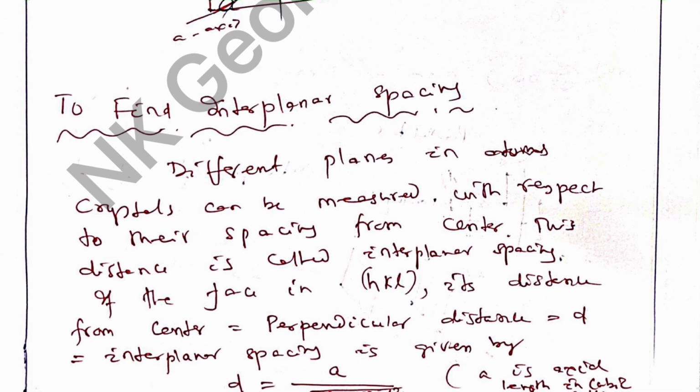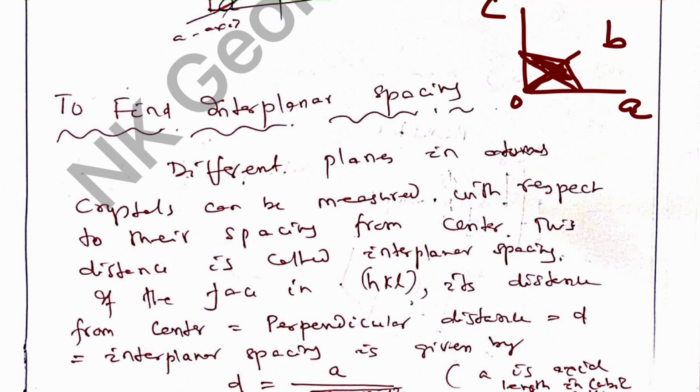So to find the interplanar spacing, if this is A axis, this is B axis, this is C axis. Let us say this is a plane, this is the plane. So how much distance this plane is from this origin O?